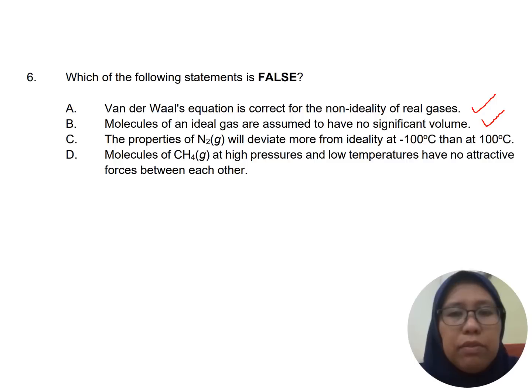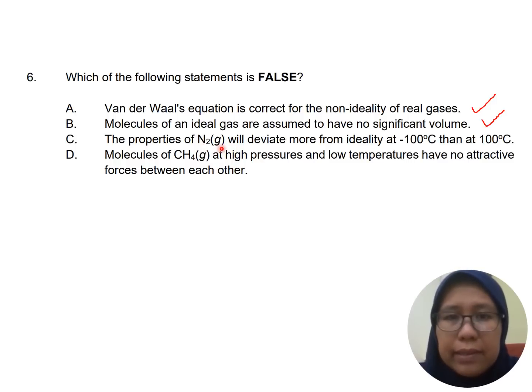Right. For option C, let's read: the properties of nitrogen gas will deviate more from ideality at negative 100 degrees Celsius than at 100 degrees Celsius. So here we know that N2 is real gas. So real gas will have ideal behavior at high temperature.